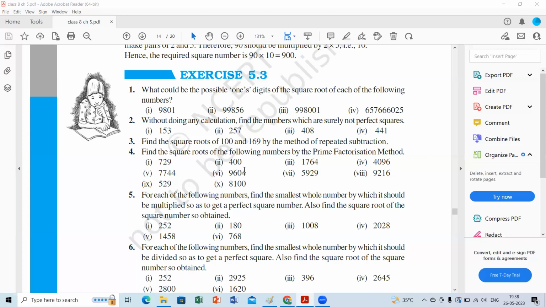But if they particularly ask for that method, they won't give big numbers. If they don't mention any method, you can go with the factorization method or the division method, children. That's your wish. So 9604.